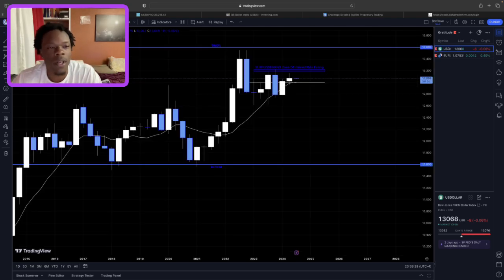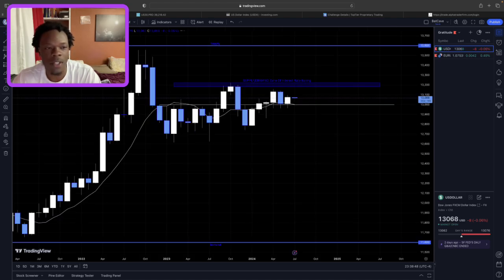Then if you go down to the 3-month time frame, we are in the third quarter. Around this time, towards the end of the third quarter, is when companies start releasing information about their yearly earnings.